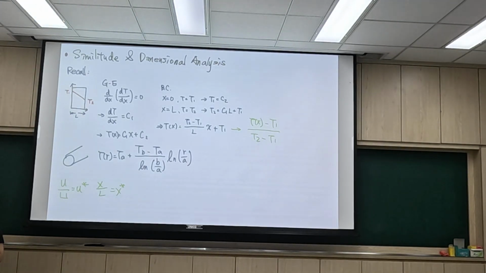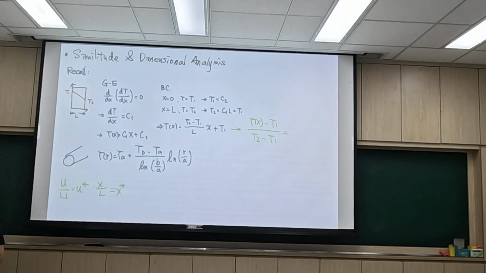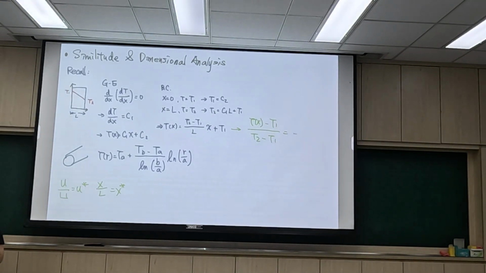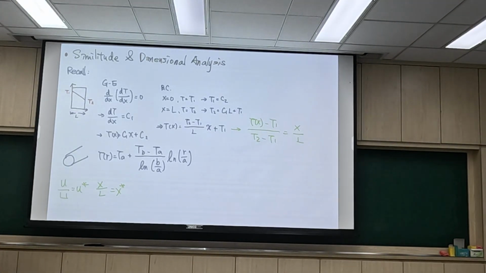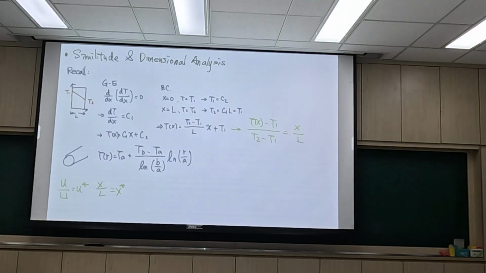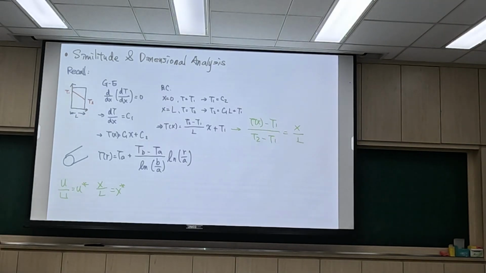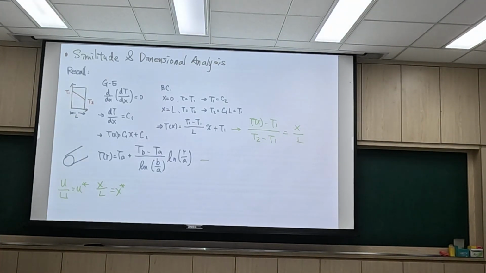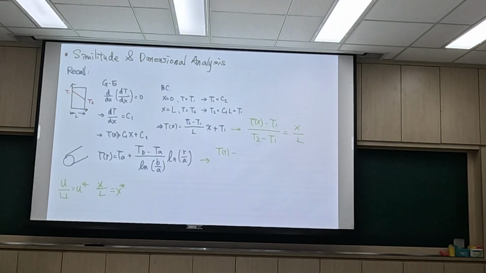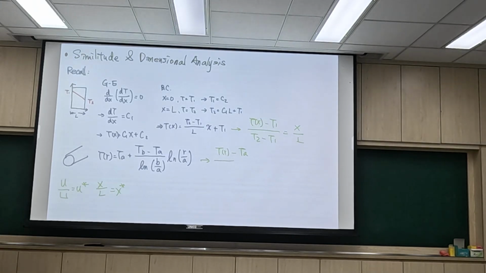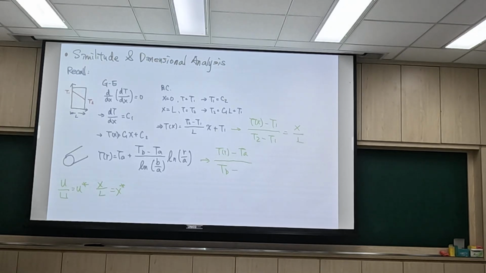According to the equation at the front, that will become X divided by L. So that's the temperature dimensional analysis in the constant coordinate. And for the spherical, it's also the same. We do it again. The temperature at R that I want to know, minus the inside or outside temperature, divided by the temperature difference, should be B divided by A.